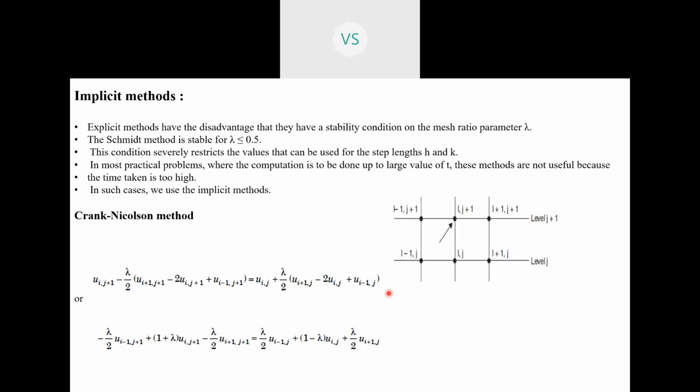Now we'll consider an example related to this.